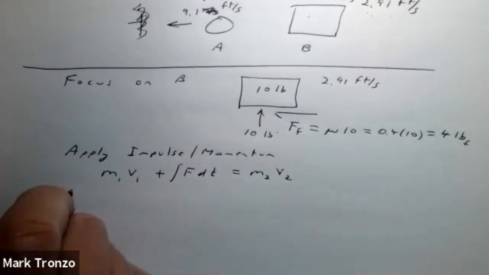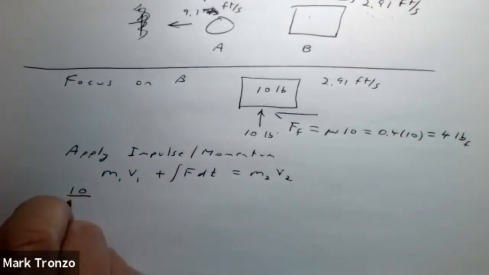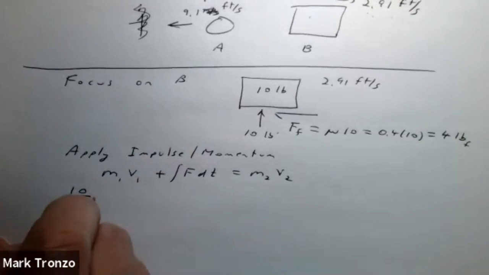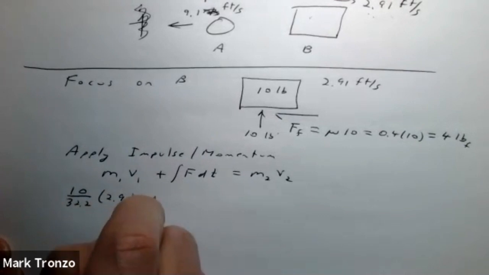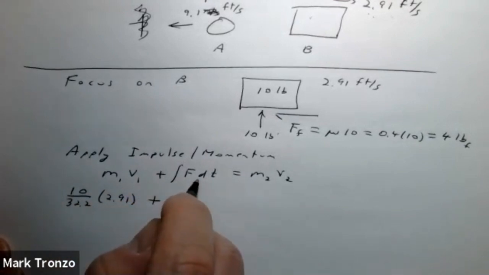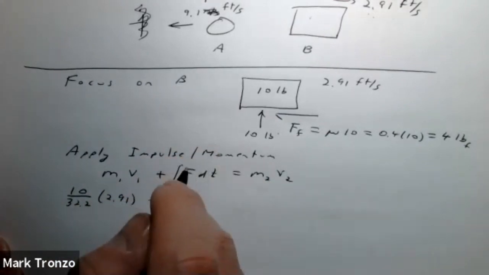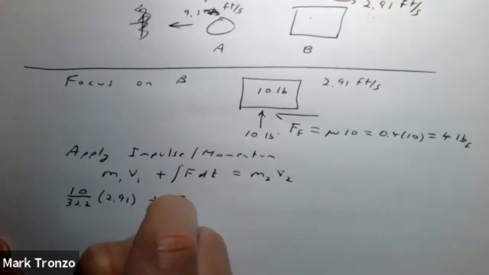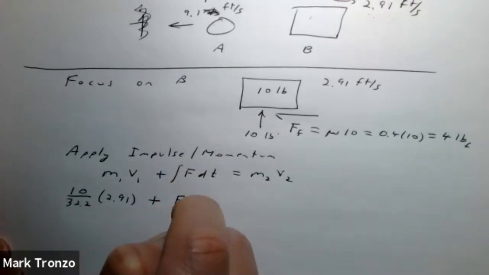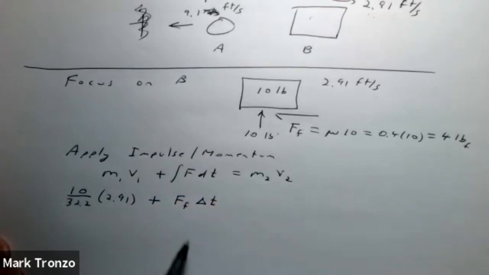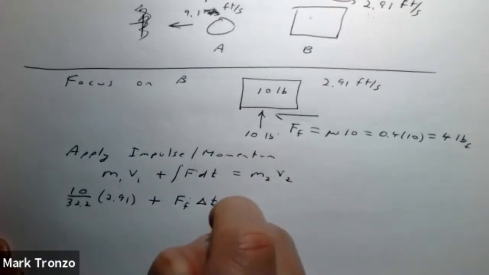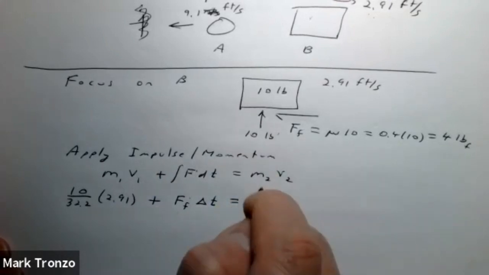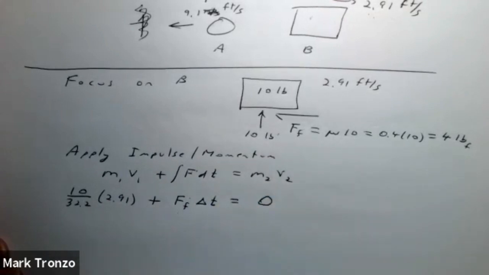So we can do 10 over 32.2, and V1 was 2.91. And again, plus the friction force, which is constant, times delta T. We're allowed to make that change, we can get rid of the integral because the friction force is constant. And then the final velocity is supposed to be 0.